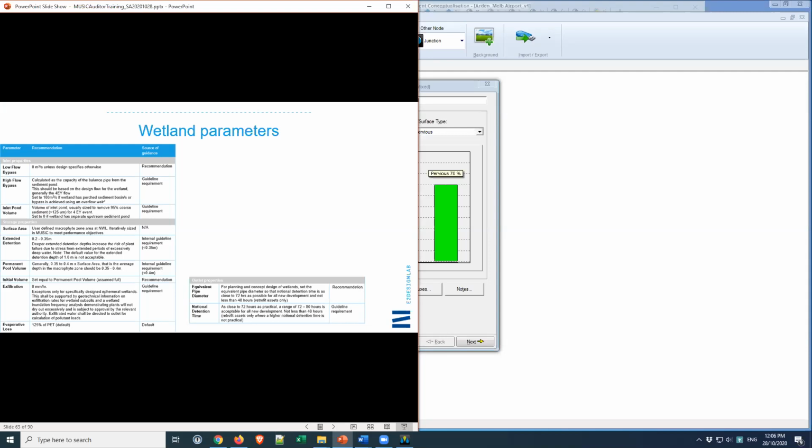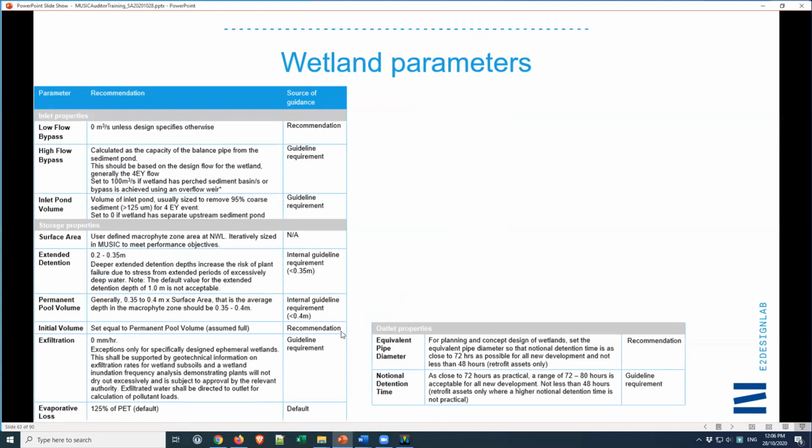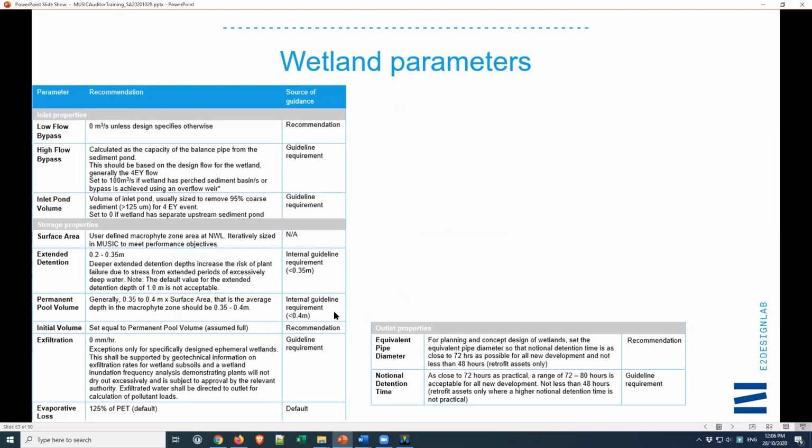So the MUSIC modelling guidelines are recommending that, but there isn't a design guideline to refer to at the present time. So that's, I guess, the structure of how those are set up.